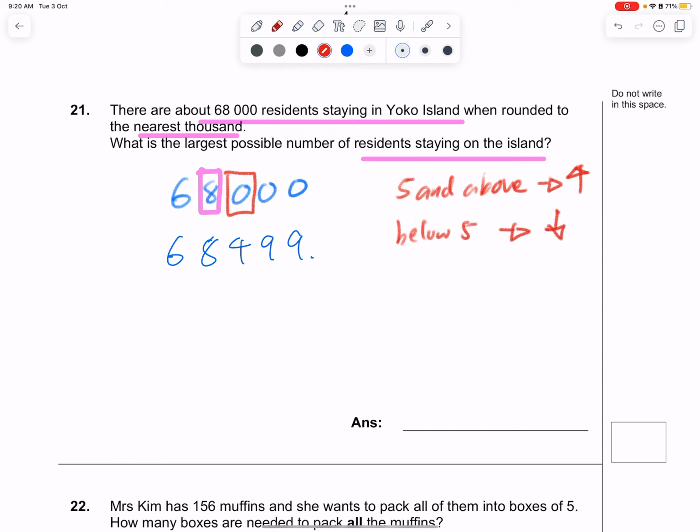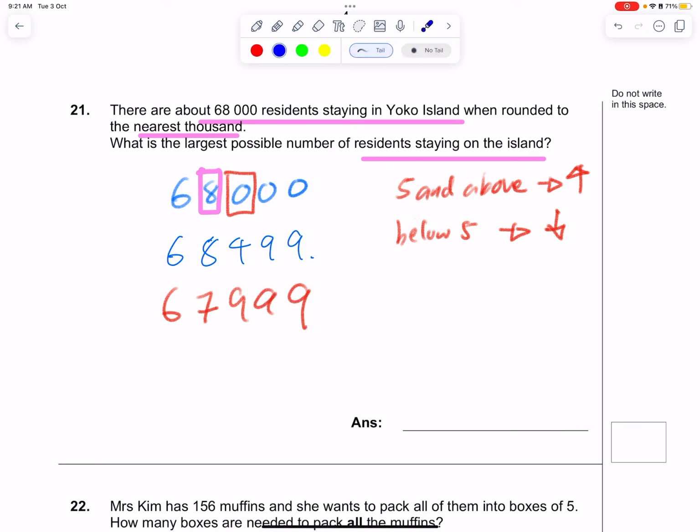So in this case, because we want the largest number, if it's a 4, we will actually round down to become 68000. If we put it the other way round, we want to round up. Then the possible number in this case would be 67999.